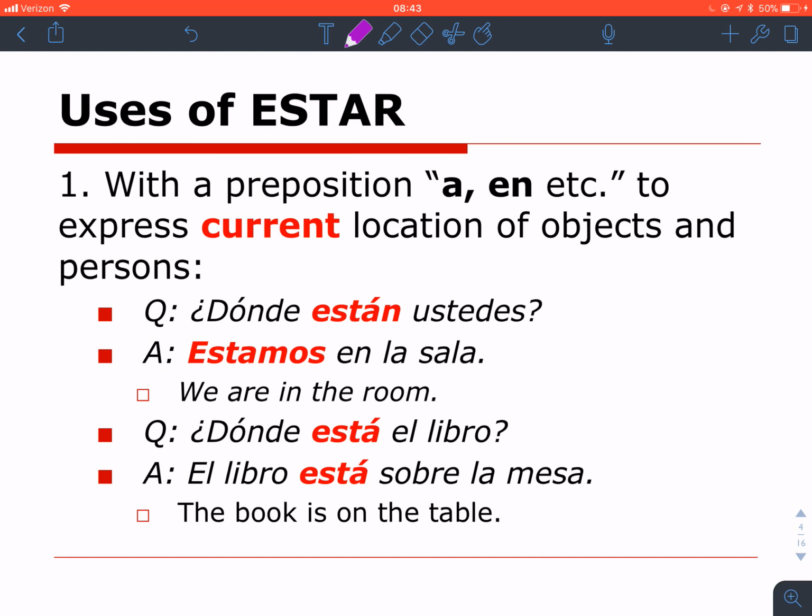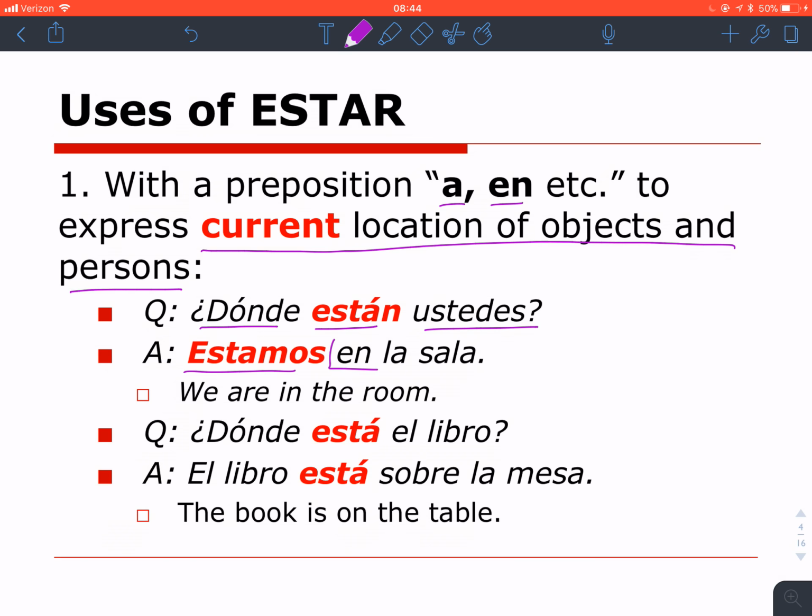The first use of estar is that we use it with the prepositions a, en, sobre, de to express a current location of an object or person. So we've seen this question before. ¿Dónde están ustedes?